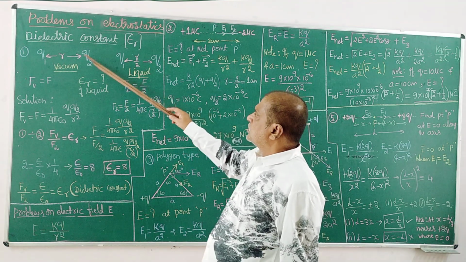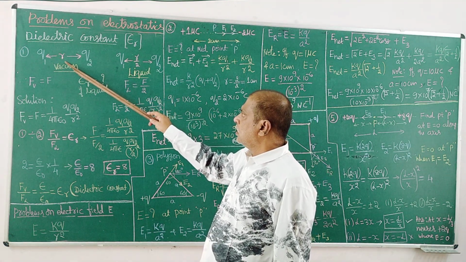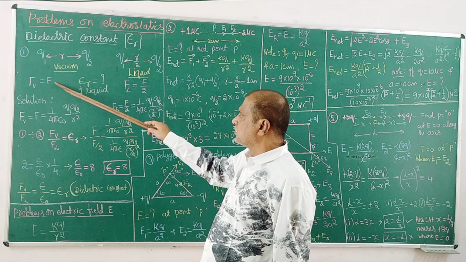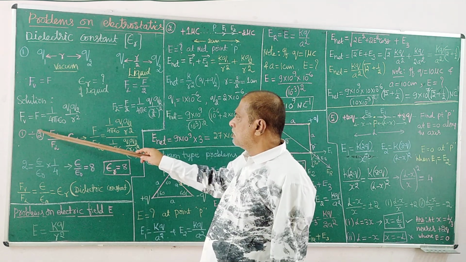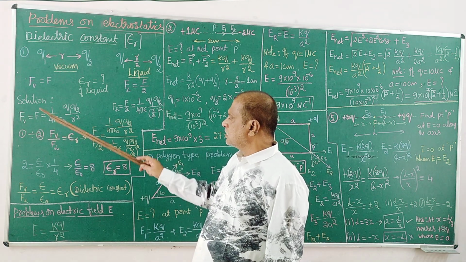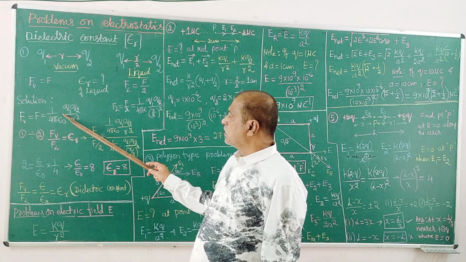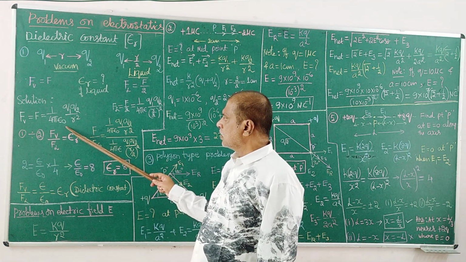So the same charges, distance is R, electrostatic force is F. Apply Coulomb's law. What is Coulomb's law for vacuum? The electrostatic force is 1 by 4 pi epsilon naught, Q1 Q2 by R square.